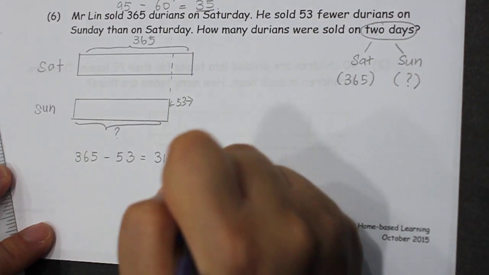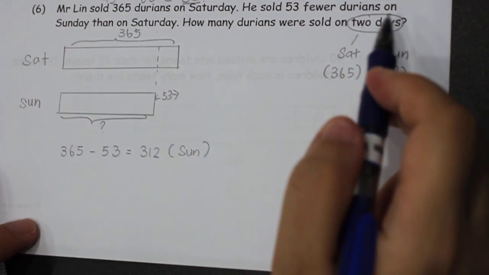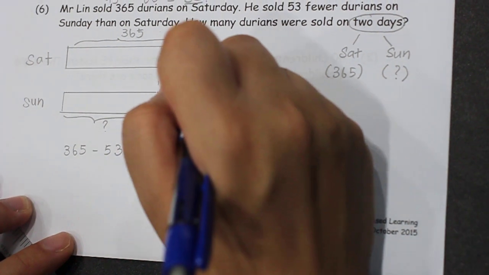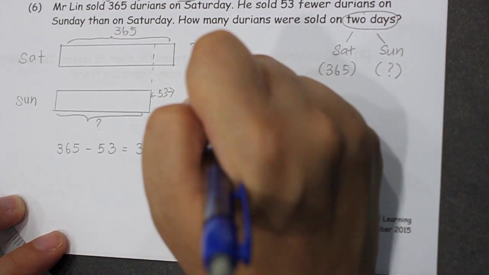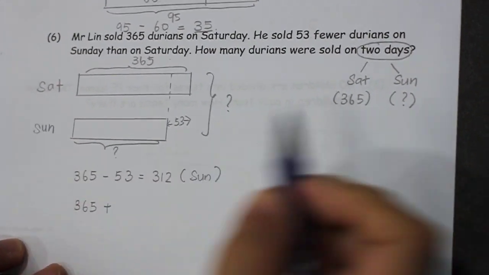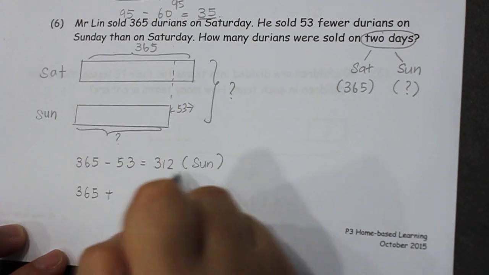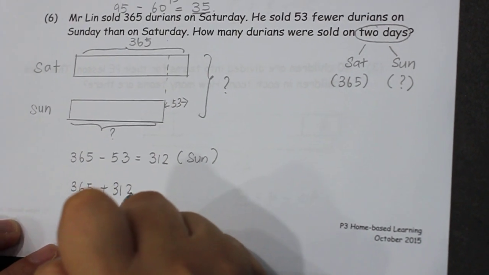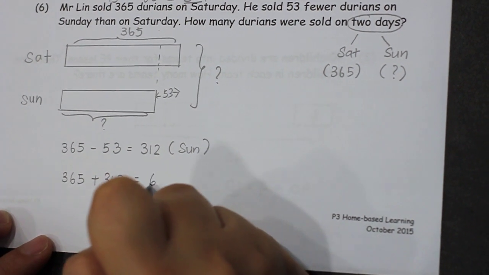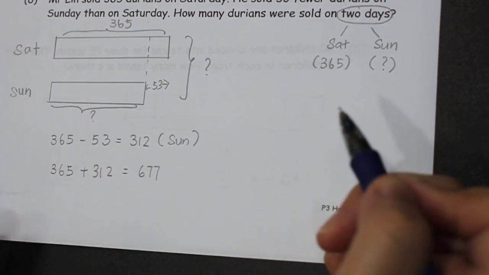And this is for Sunday. Now we are able to find the durians sold on 2 days. So we are going to find the total number of durians sold. Saturday, he sold 365 plus the 312 durians that he sold on Sunday. We will have 677 durians sold on 2 days.